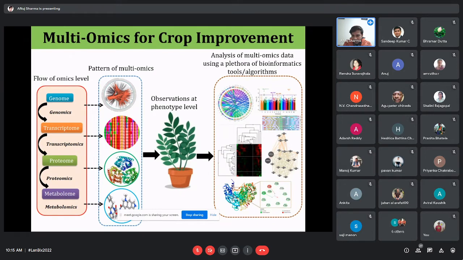Then there is the protein interaction network, to identify how proteins interact with each other at the proteome level. We can also go for docking studies, which facilitate finding the interacting residues, how they interact with the protein, and how they affect the overall function of a particular gene or a group of genes.